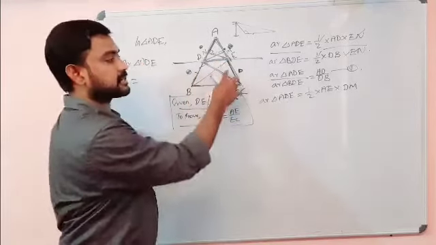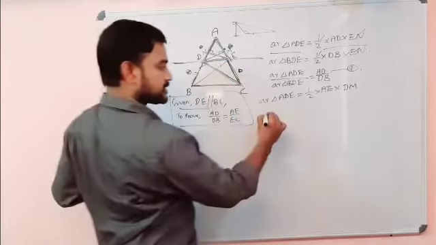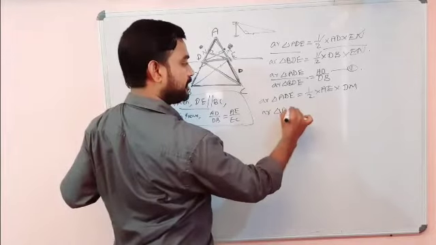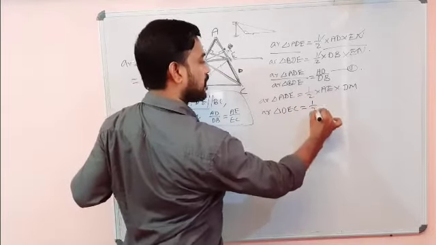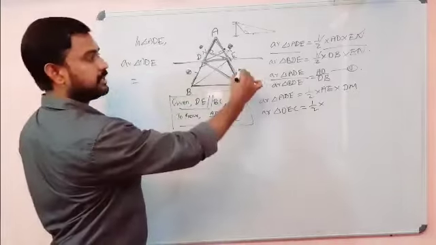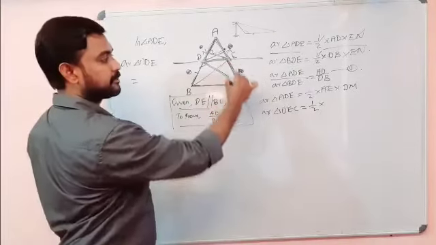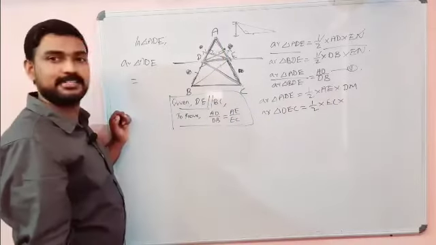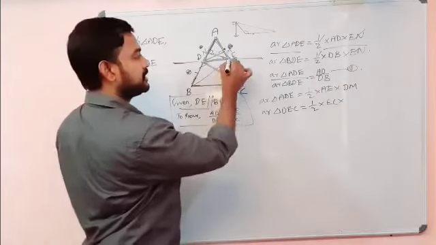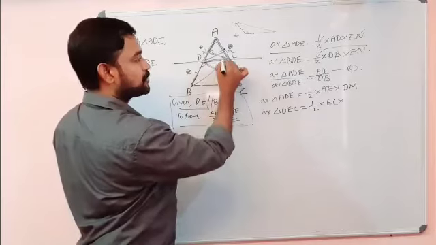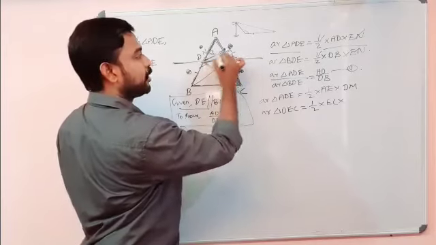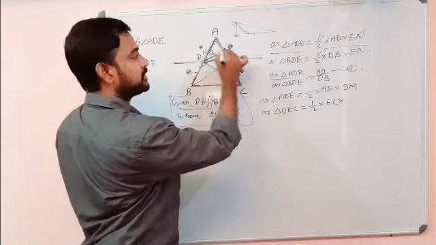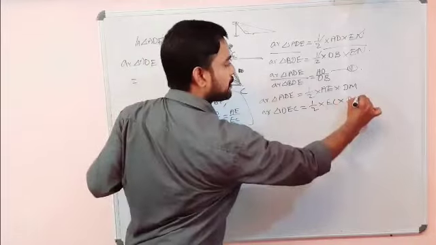The area of triangle DEC is equal to half into base. We are standing here, so we can consider EC as the base, so EC into height. The triangle is obtuse angled, so its height will be outside. The same height DM, so we can use DM here.